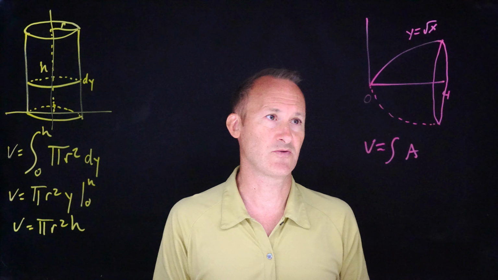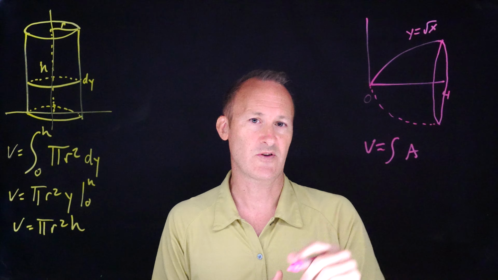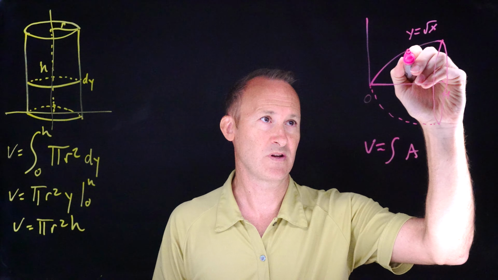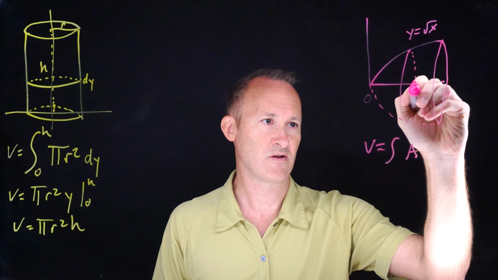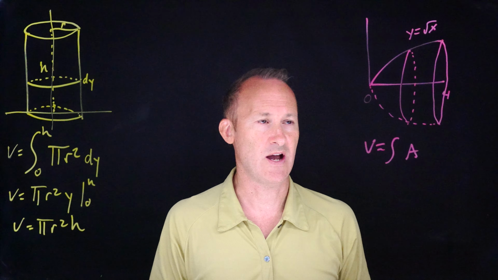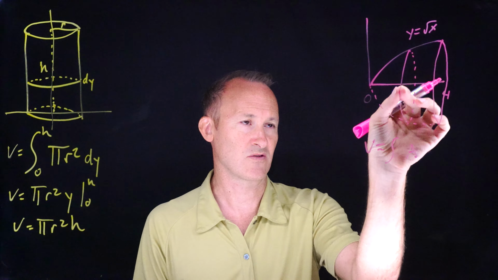What you do is take an arbitrary cross-section. In this one, if we take an arbitrary cross-section somewhere in the middle, what do we end up with? We end up with some circle that looks something like this. What we need to figure out is the thickness of this circle.